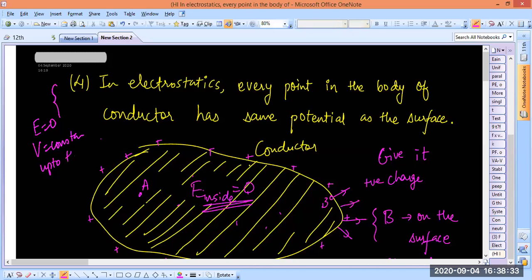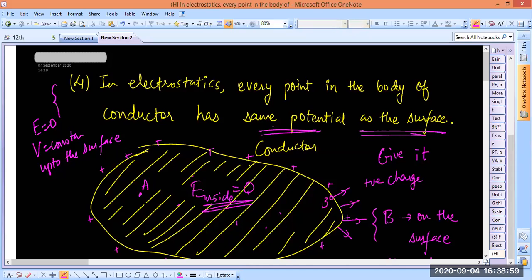Once you go out of the surface, this will not be true, right? So that's why everywhere inside is same potential, and that same potential is also same as the surface.